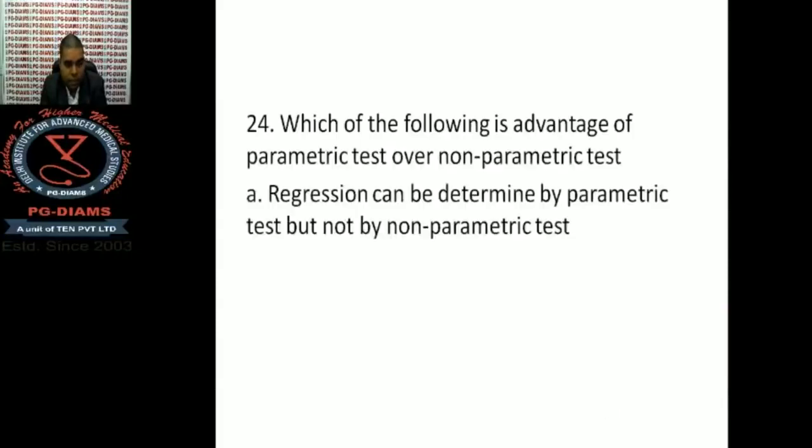Now, the next question is: which of the following is an advantage of parametric test over non-parametric test? Option A is correct, that regression can be determined by parametric test, but we are not able to get the other options. But we need to know what a parametric test and a non-parametric test are, because this topic is very important and relevant for you.